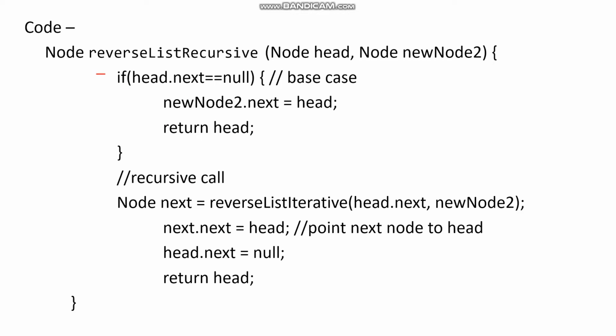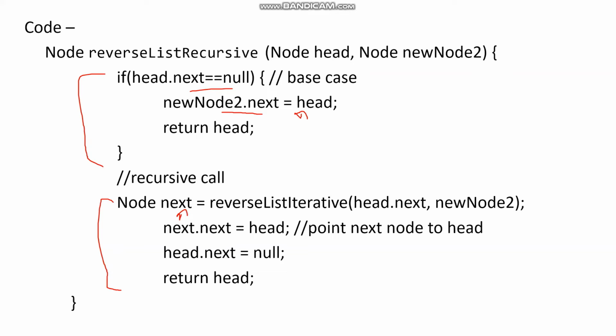So this is the code for the recursive algorithm. Here, this is the base case. Once we reach the end of the linked list we will save the last node as the new head, and return it. And here we are calling the function recursively, and we are returning the next node in the previous call.